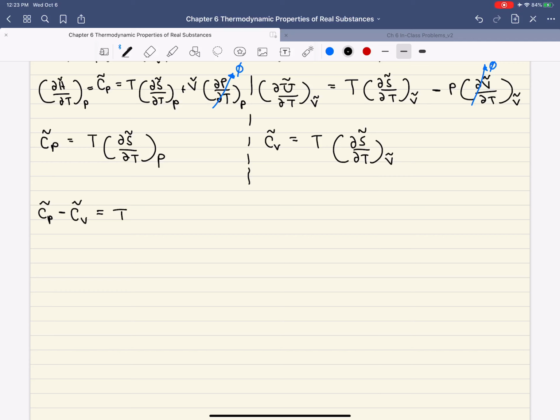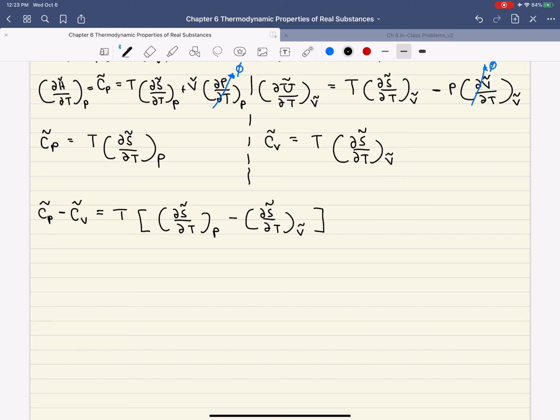And so what we get is this minus dS dT at constant V. Okay? All right, so by applying the calculus of thermodynamics, we have now redefined the difference between Cp and Cv in terms of these partial derivatives of entropy.